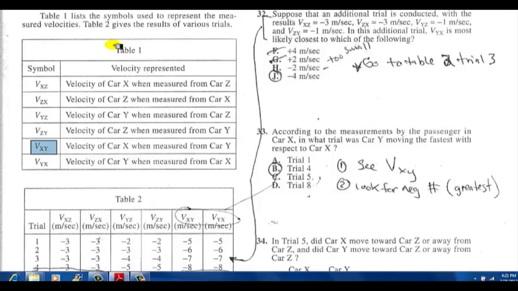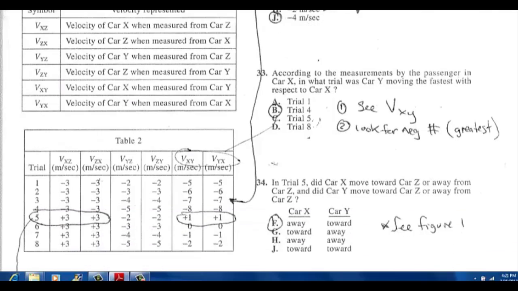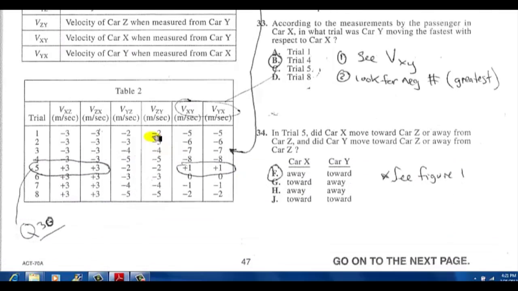We'll take information from V sub XY from table 1, and now we are going to combine it with the results from table 2 and find the V sub XY column here and look for a positive number.